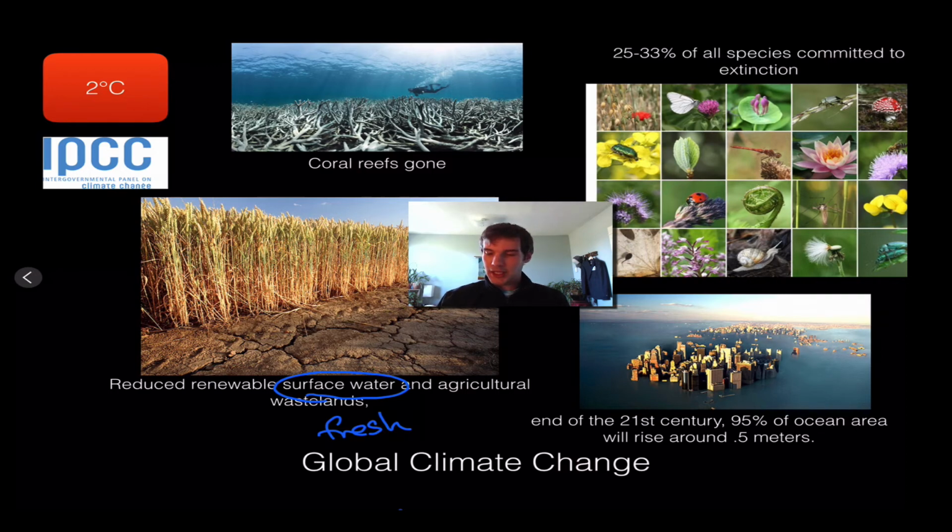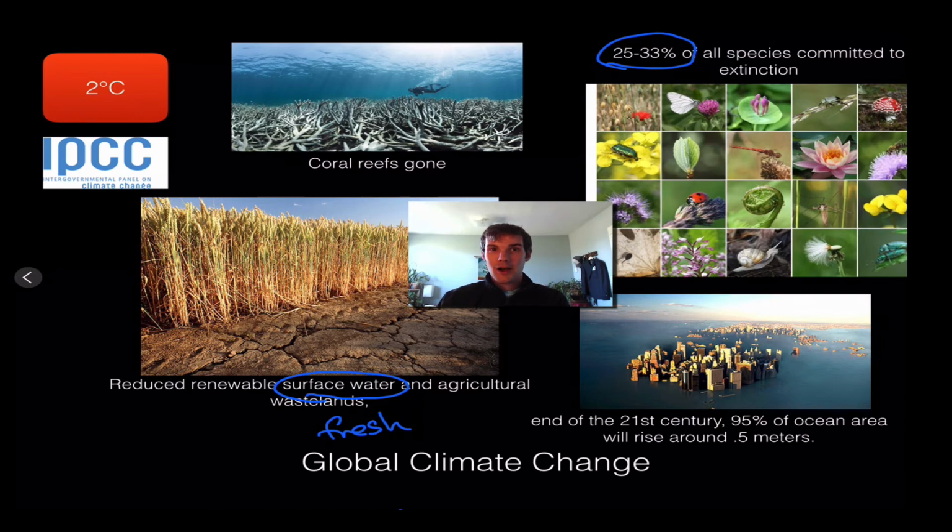Animals need that to drink, and when we don't have much fresh water to irrigate, our crops and our farms are going to dissipate, and we're going to have a pretty large economy change as well, because we rely on those crops.